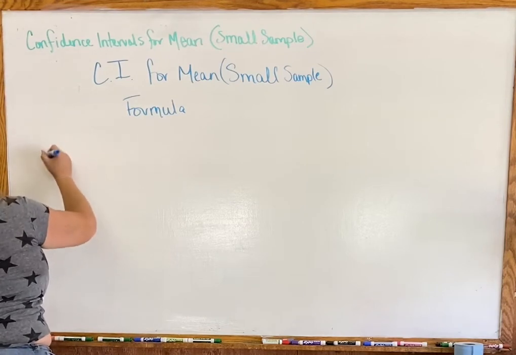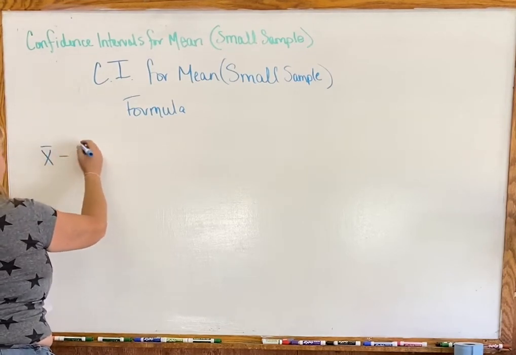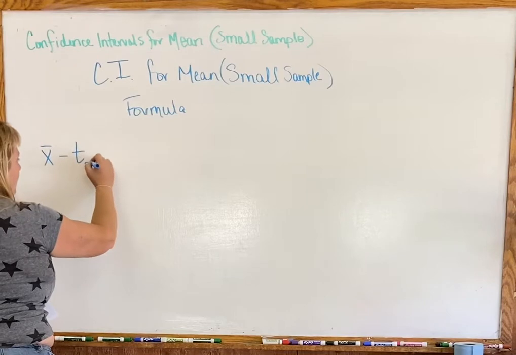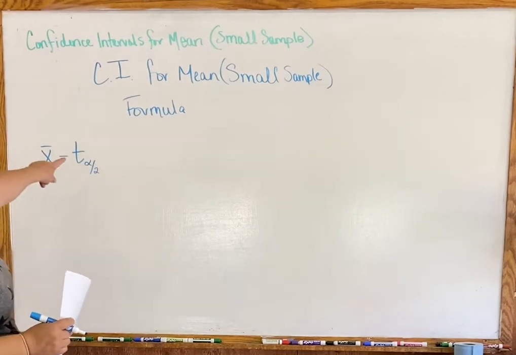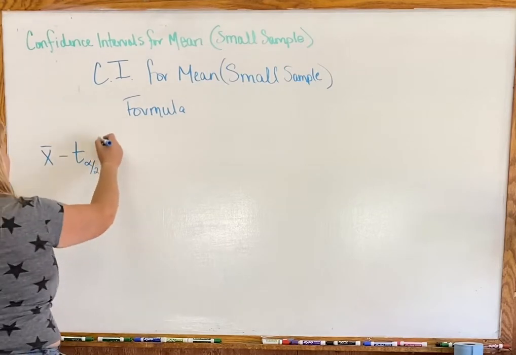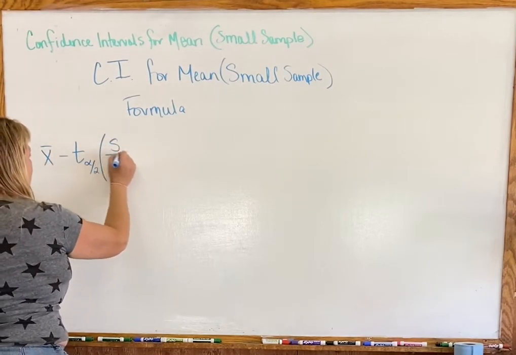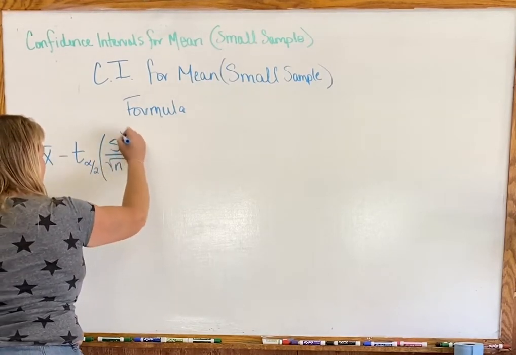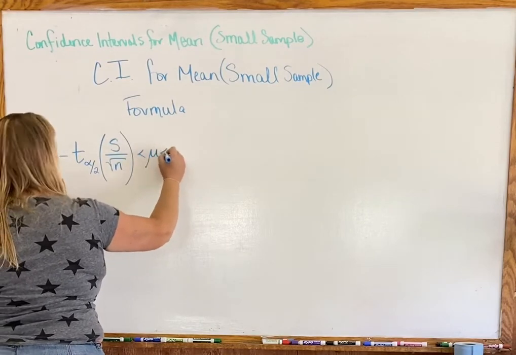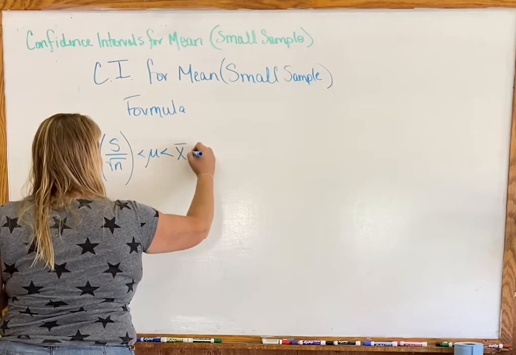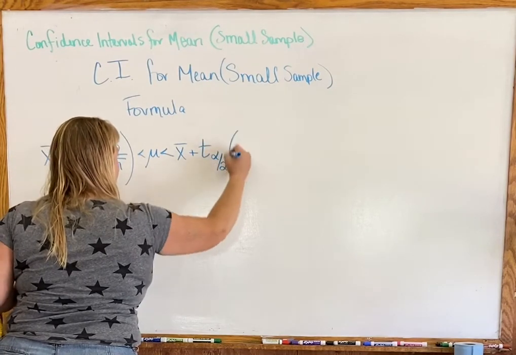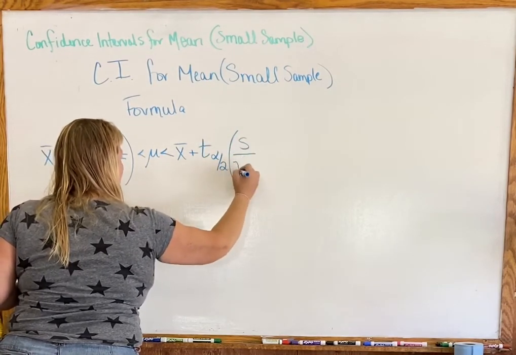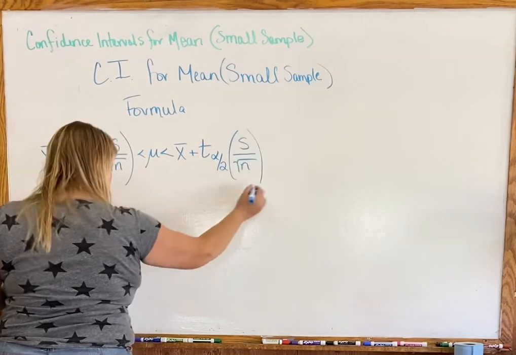So this one starts with x bar minus t sub alpha over 2. So because we're not dealing with a z-score, it's a t-score. That changes that out. Times s over the square root of n is less than mu, which is less than x bar plus t sub alpha over 2 times s over the square root of n.